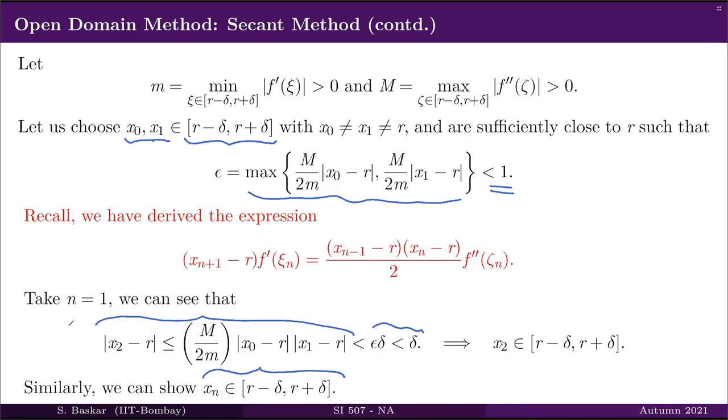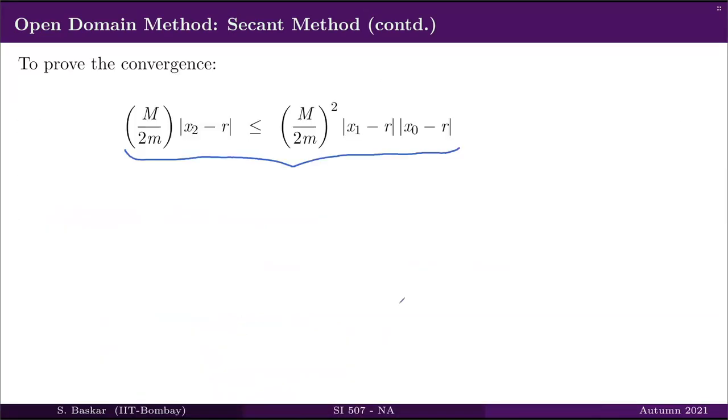Now, I am just multiplying M by 2m on the left hand side. Therefore, the right hand side will have M by 2m square, right? That is what precisely I am writing here. On the left hand side, I have multiplied this quantity. Therefore, the right hand side already has this quantity. Now, one more M by 2m comes. Therefore, you have square.